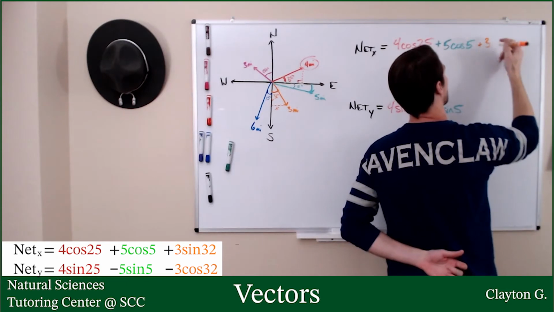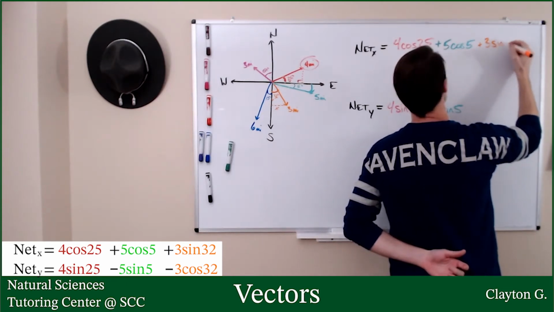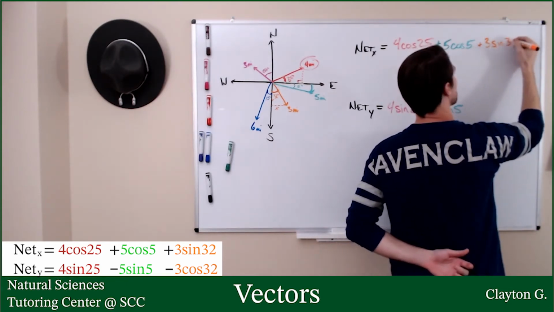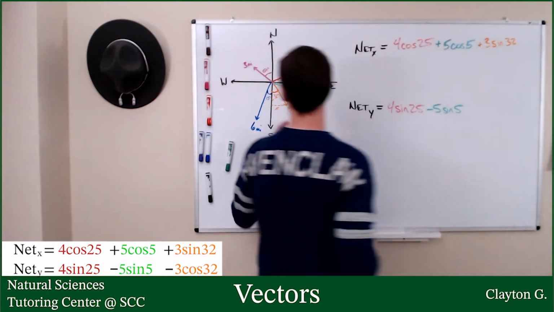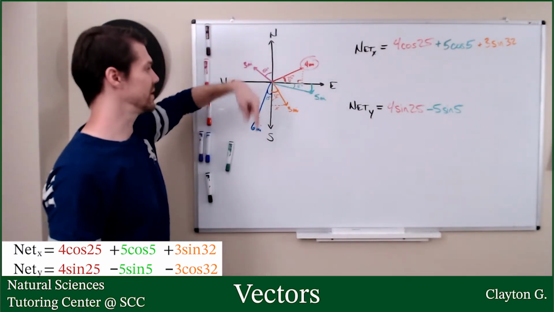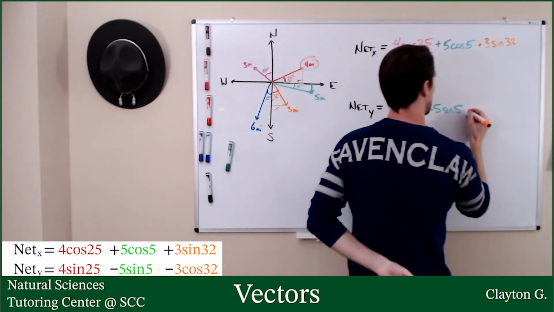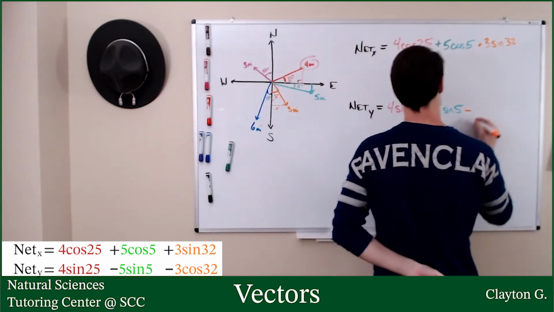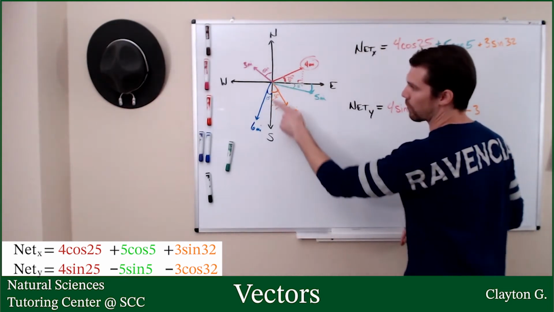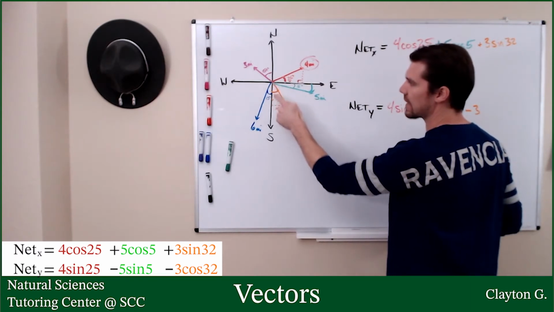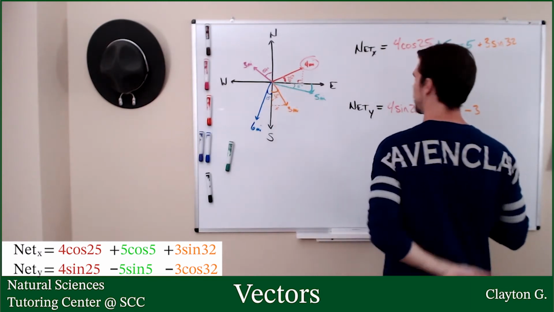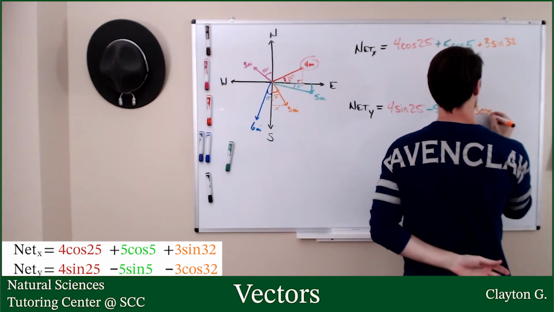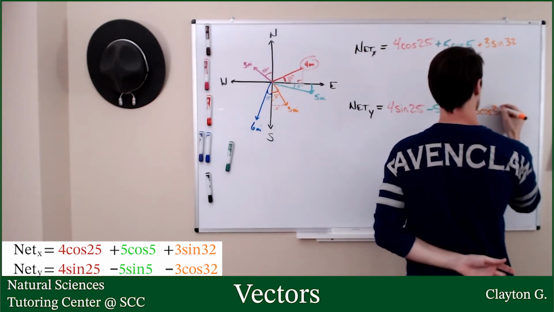And we are again going down, so this is negative in the y direction, minus 3. And again, we want this adjacent side now because that's the y portion of this, so this will be cosine 32.